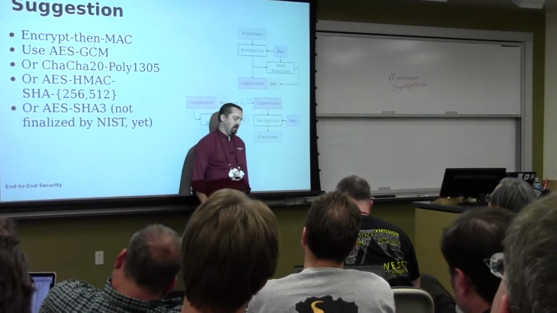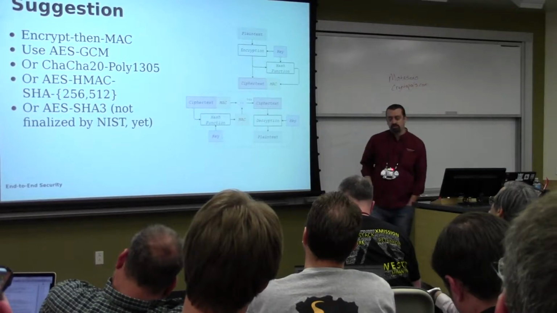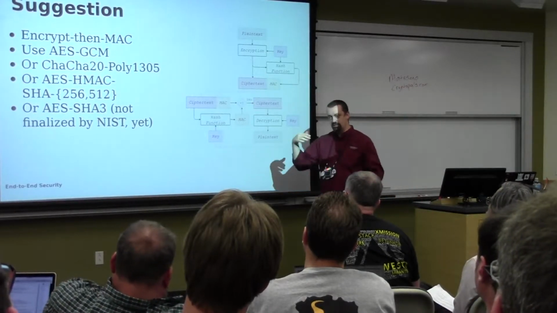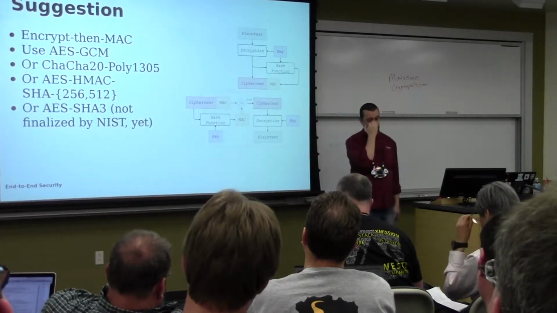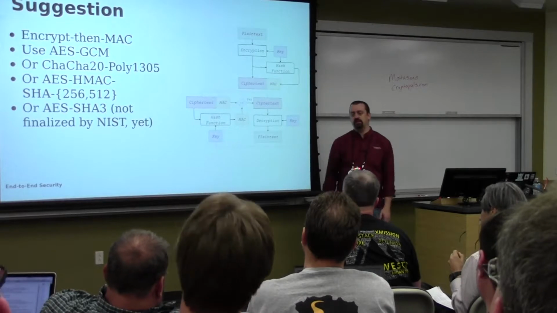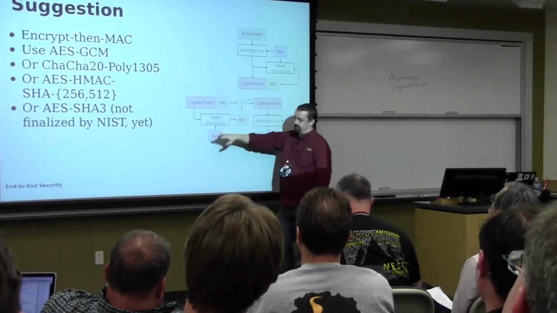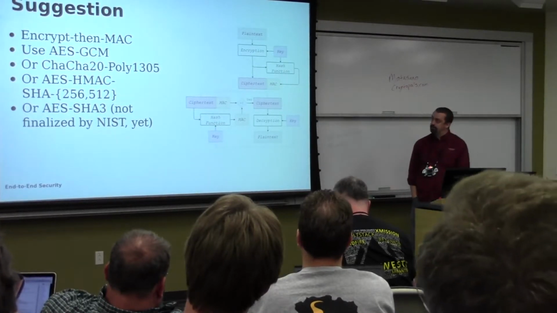With SHA-3, because it's not vulnerable to the length extension attack, you actually don't have to use an HMAC associated with it. So you could just encrypt it with AES and then hash it with SHA-3 with the shared secret, and you automatically have your authenticated data. Again, though, SHA-3 isn't finalized by NIST. It's not quite yet a FIPS standard.